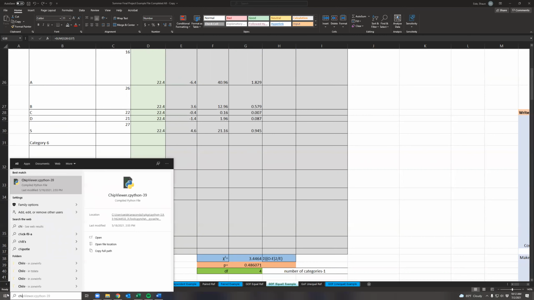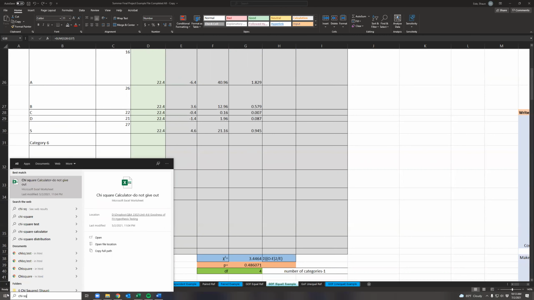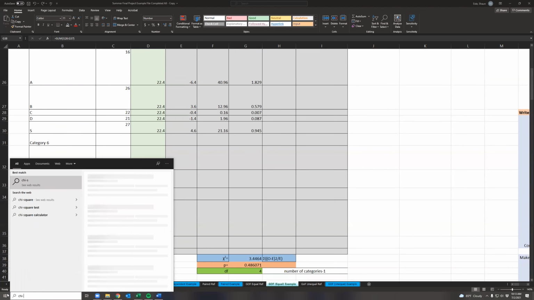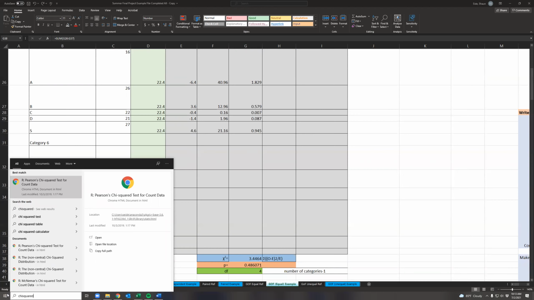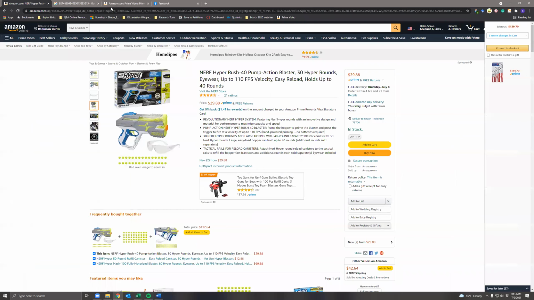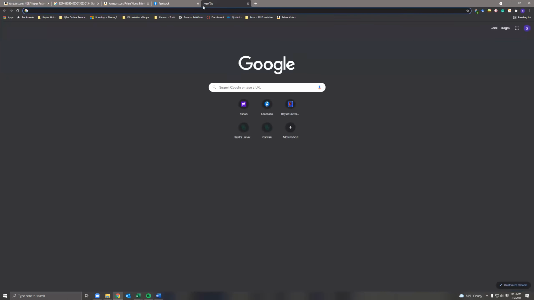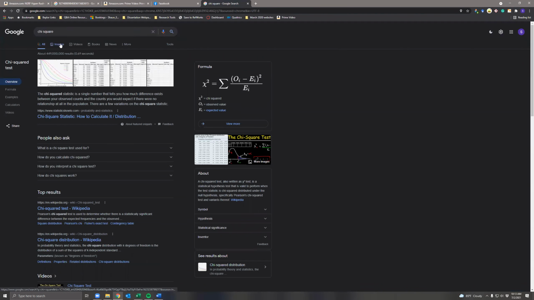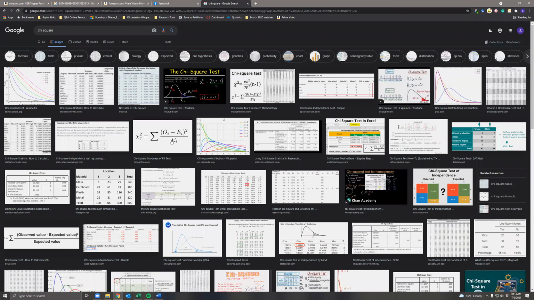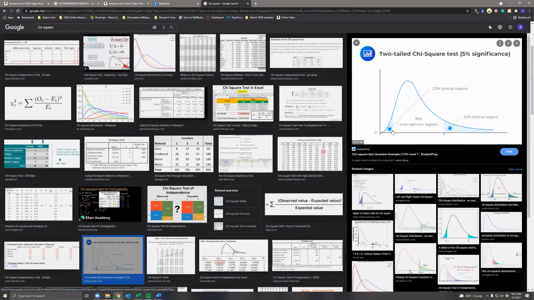Chi-square. Okay, so this right here is chi-squared, the two-tailed chi-squared test, but we're really only ever going to do a right-tail test.